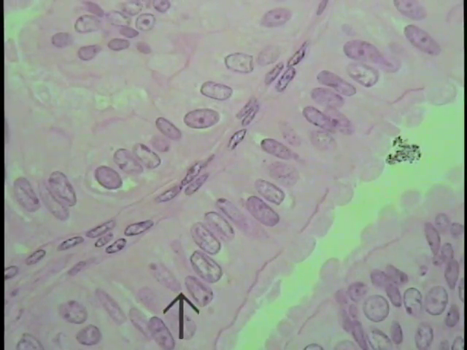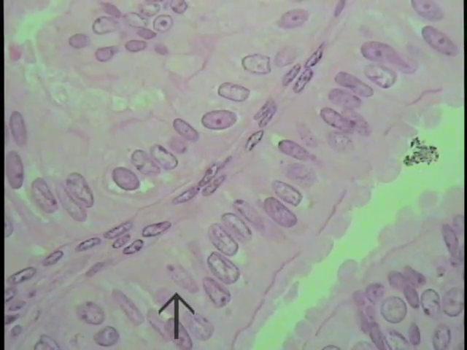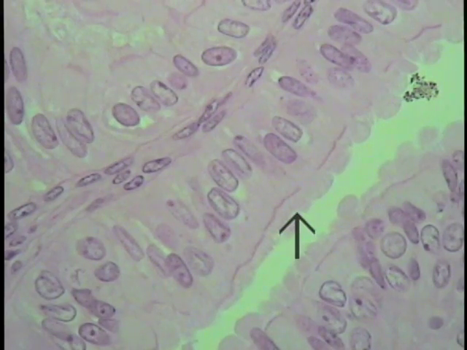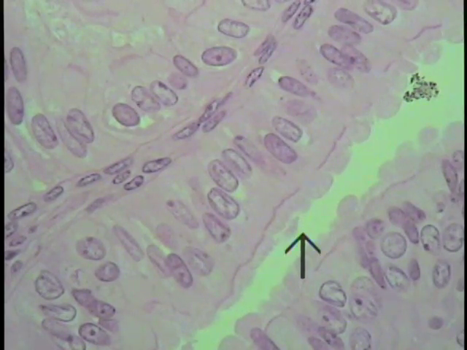Now in this particular case, this is a unique type of epithelium, unique in the sense that it has cilia extending from its apical surface. Cilia are little apical modifications, projections that are motile and aid in moving the ovum down the oviduct.